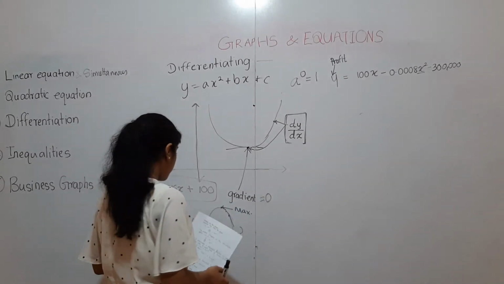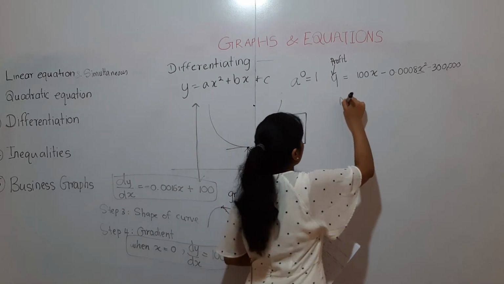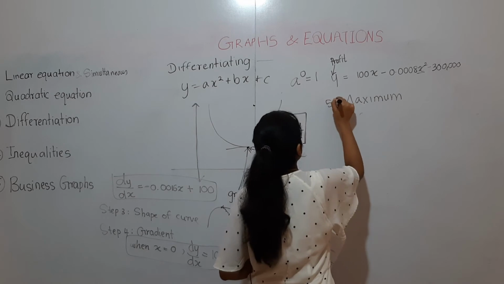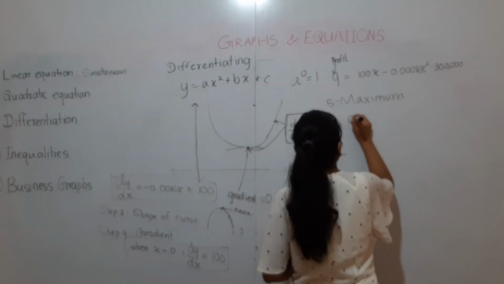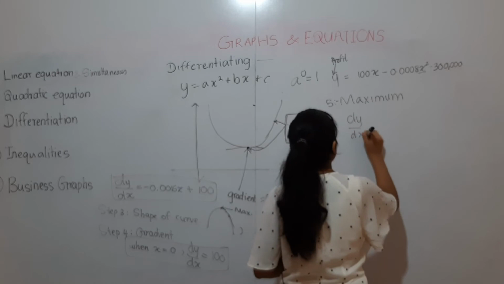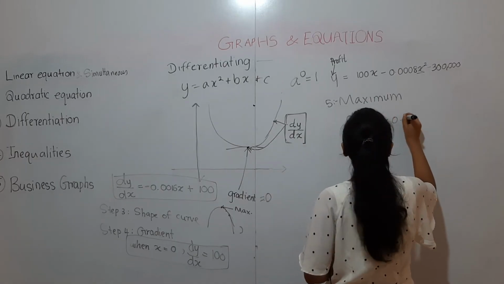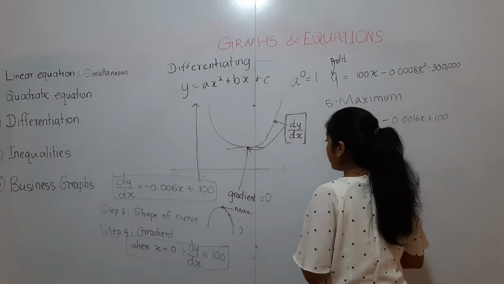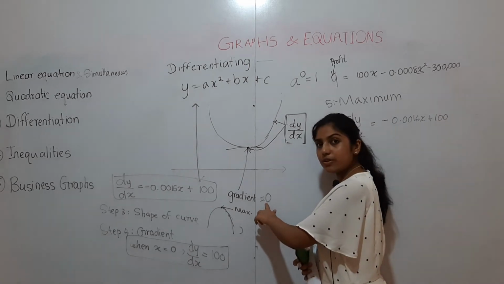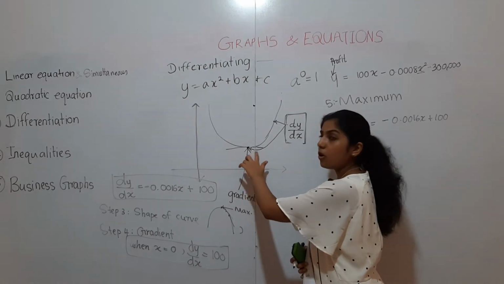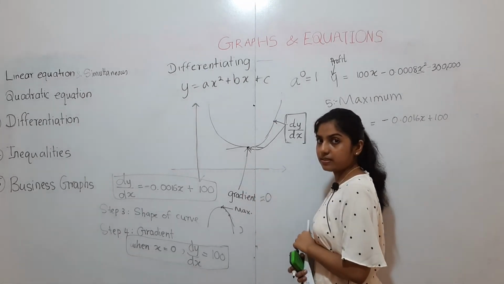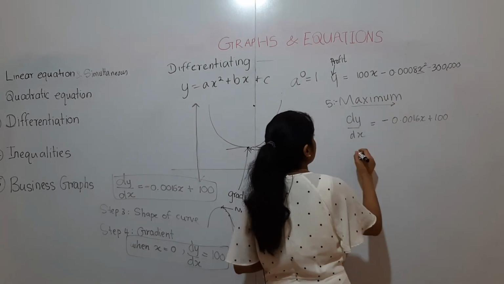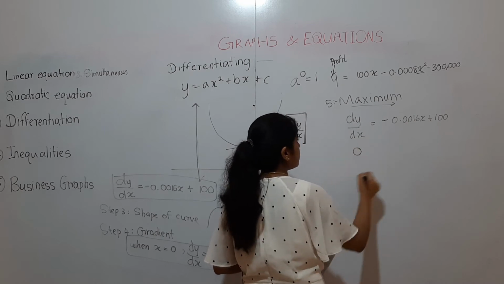Okay. So, in finding the maximum point, step 5. Take the gradient equation. dy over dx is minus 0.0016x plus 100. I told you gradient is equal to 0 at the minimum or maximum point. So at maximum, our gradient will be equal to 0.